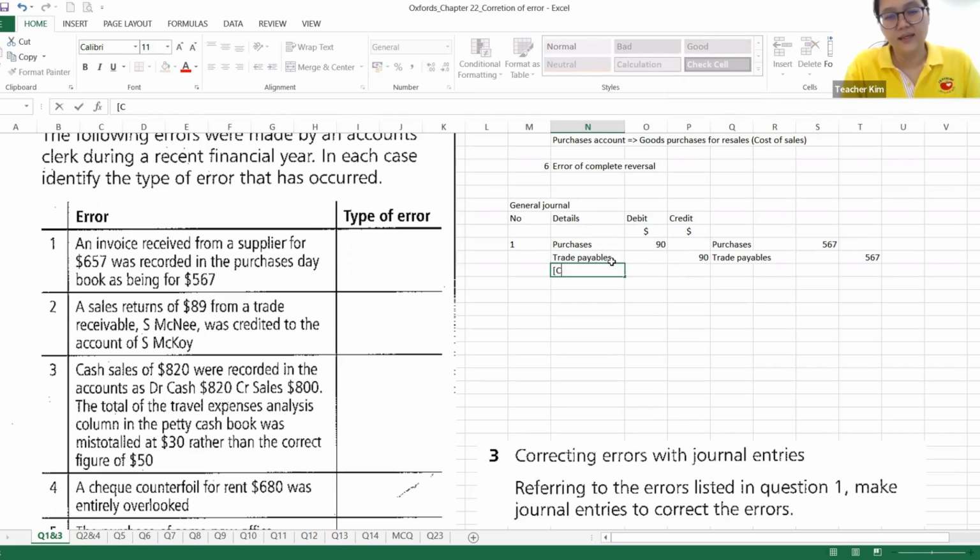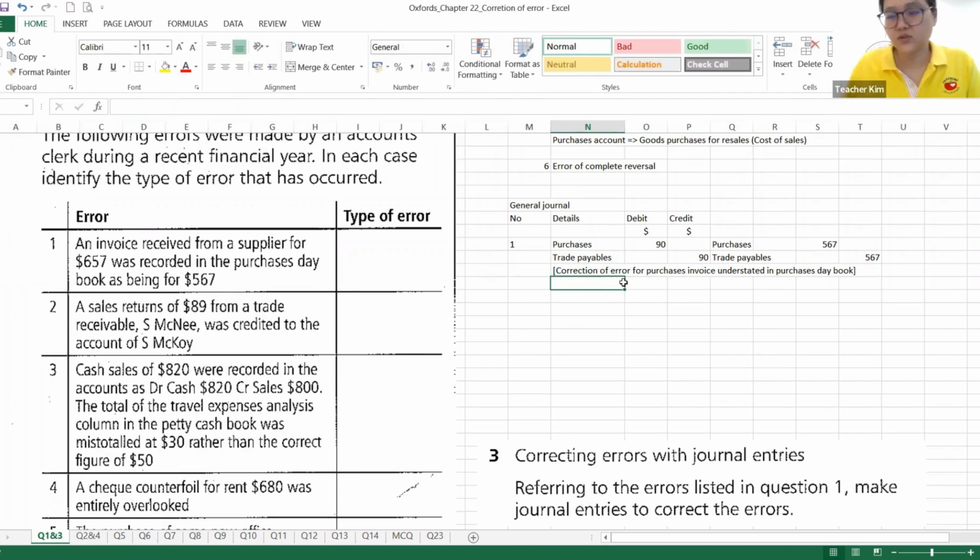So we can say correction of error for the purchases invoice understated in the purchases daybook.